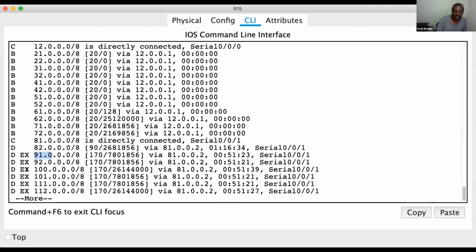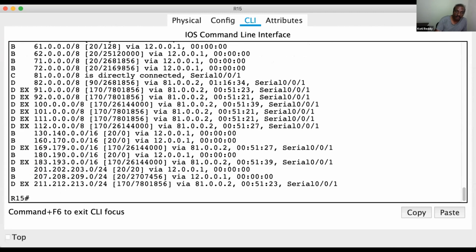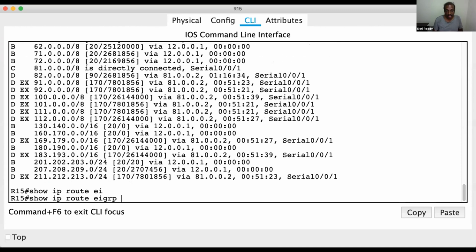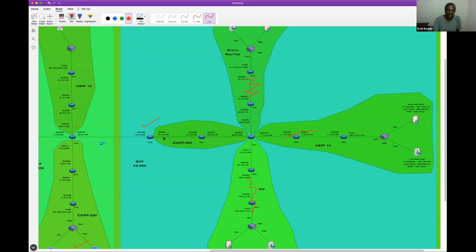The 90 series and also 100 series and also 110 series, all of which have come till here on R15. They are all listed as what? EIGRP routes, right? Because the border router has EIGRP configured and BGP. So I go here, I see all of them as EIGRP routes.